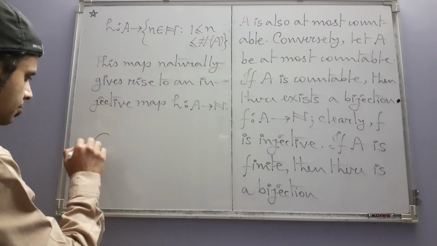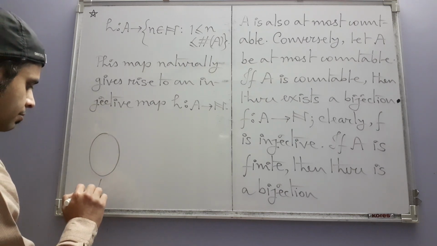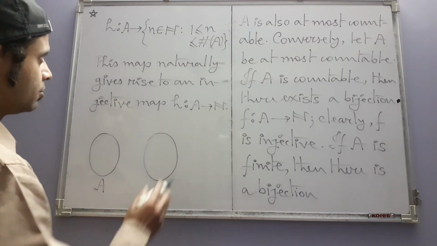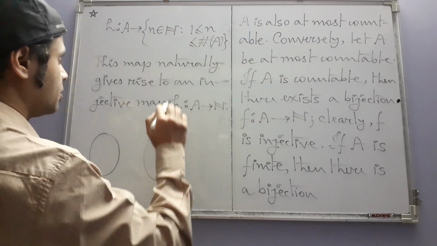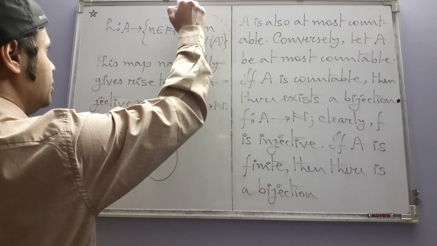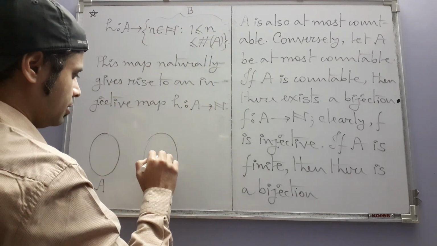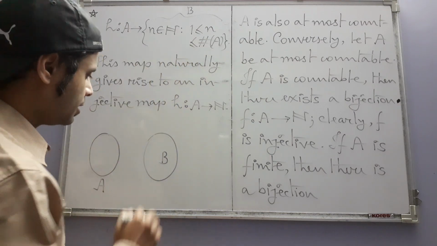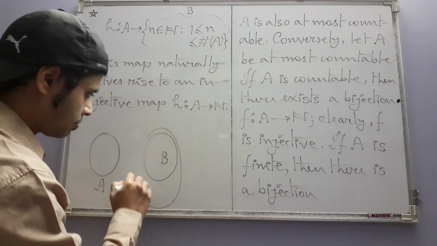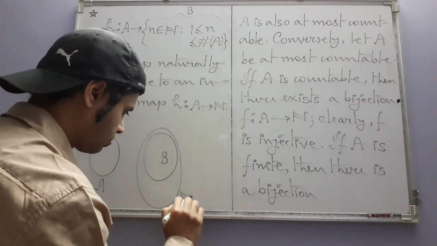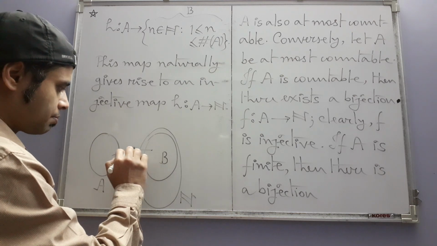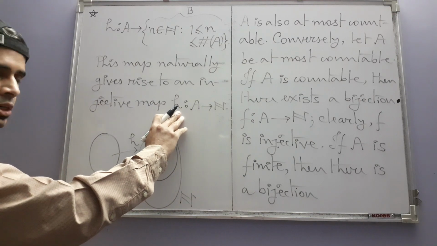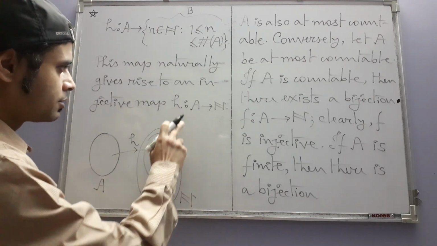It's like this. You have A here and you have this set here. If I am calling this set, say, B, then you have B here. But you can clearly see that B is a subset of N. And we have this map h. So all we are now doing, because this one also we are calling h, it may seem a little strange.